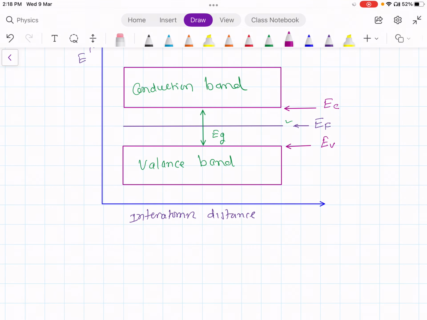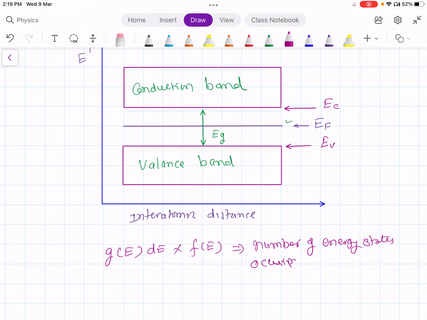You know that the product of the density of states, G of E, and the probability function, that is the Fermi-Dirac distribution function, gives us the number of energy states occupied by electrons in the conduction band. This gives the number of energy states occupied by charge carriers.